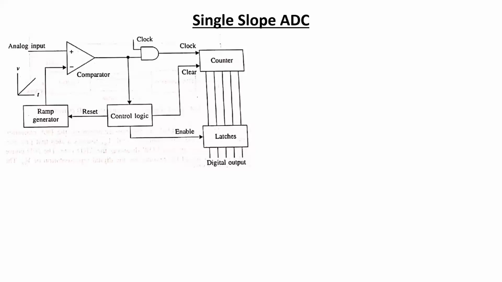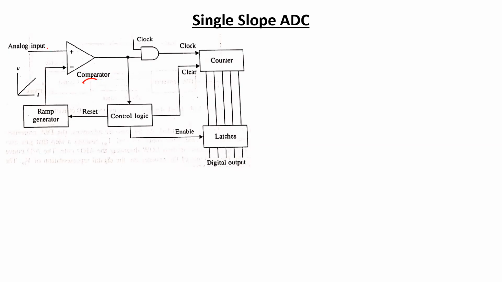So first of all, let me discuss the working principle of the single slope ADC. Now, in terms of the block diagram, the different components that are supposed to be present in a single slope ADC are represented here. So in the single slope ADC, we are again going to have an op-amp which is going to work as a comparator.